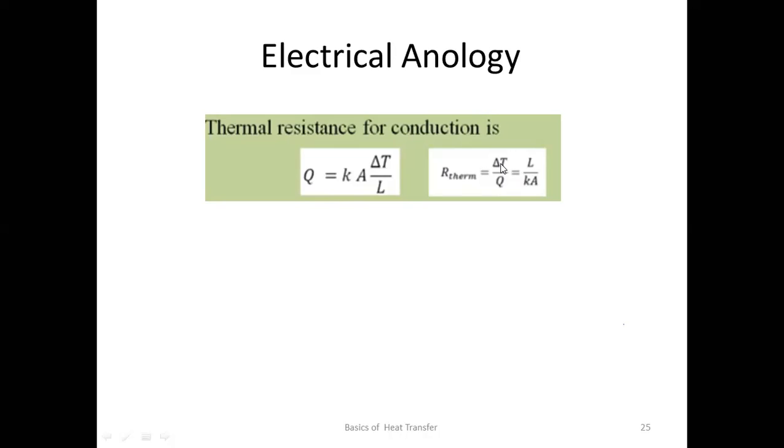Similar to that, thermal resistance is temperature difference upon heat, because heat is a flowing phenomenon just like current. Hence temperature difference upon Q. If you rearrange this delta T by Q, L goes to the numerator side and K goes to the denominator side. Hence delta T upon Q is equal to L by K. Either you can use this formula for finding R or that formula, and the answer will be the same.